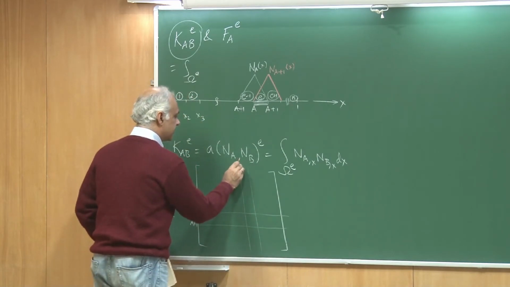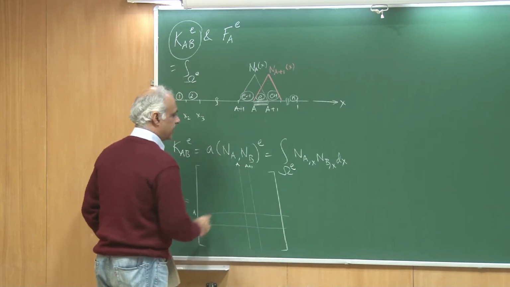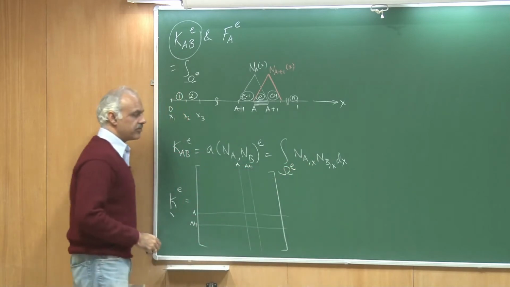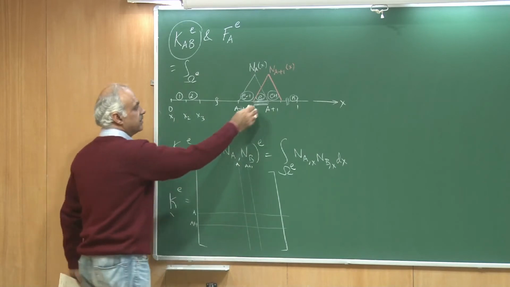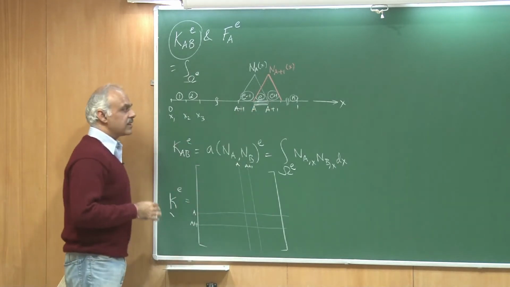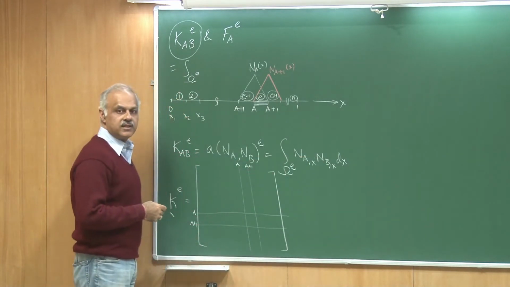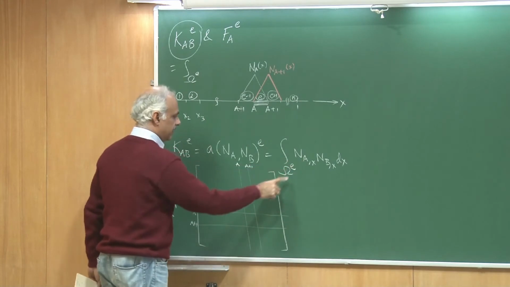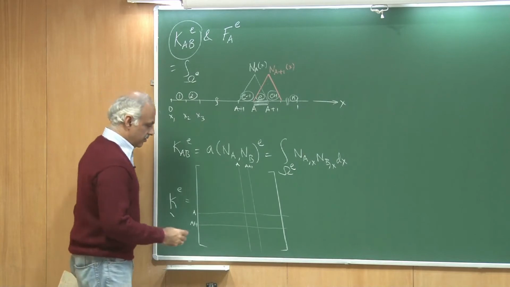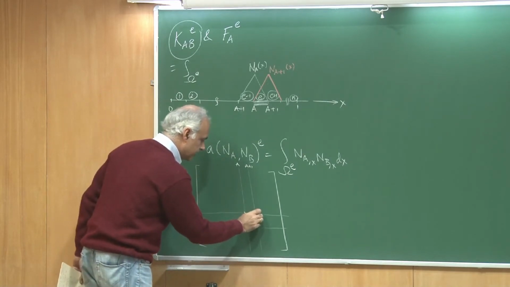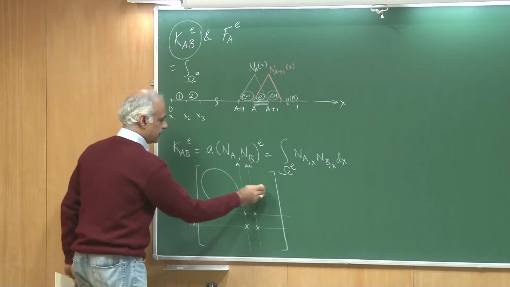One of the columns is column A and the other is A plus 1. And simply from the structure of N_A comma x and N_B comma x, because I am integrating over simply this domain, all the shape functions, so all N_As and all N_Bs are 0 except when A and B are the values A and A plus 1. So, only these are the non-zero values, all other values are zeros.